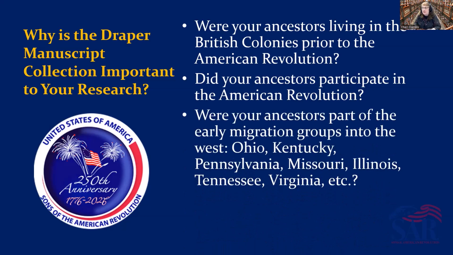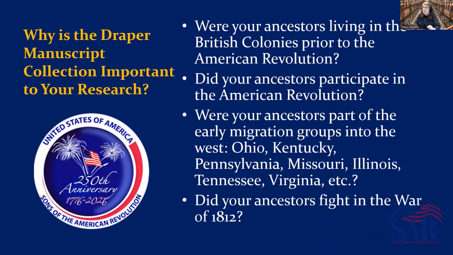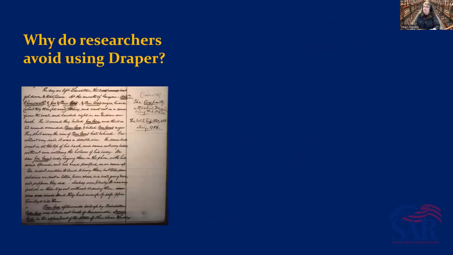Or were your ancestors part of the early migration groups into the West? Ohio, Kentucky, Pennsylvania, Missouri, Illinois, Tennessee, and that's just a sampling of the states that are actually covered in the Draper Manuscript Collection. Did your ancestors fight in the War of 1812? All of these things would qualify you to make sure you go look at the Draper Manuscript Collection.